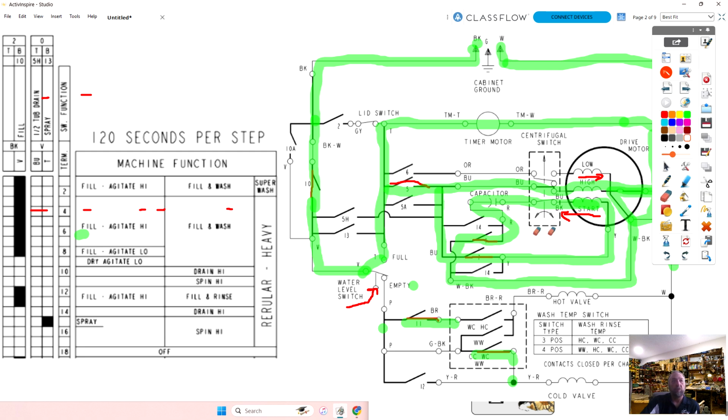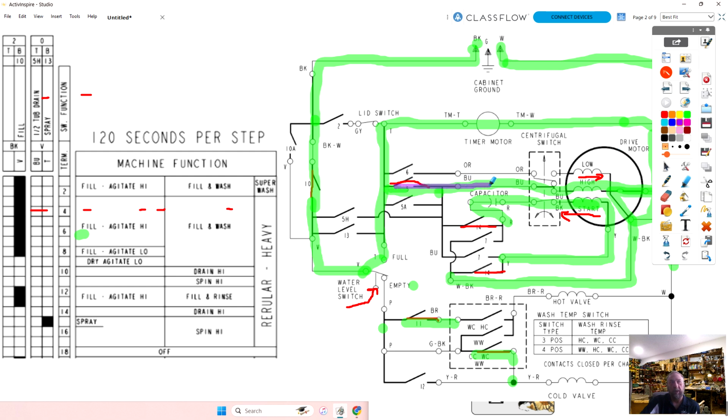And I'm going to erase the number 7s because the difference is spin, we use number 14s. So in spin cycle, we close these two. So how is power then going through the motor? Well, we're still in the high speed, and I'll use a different color just to show the difference, and I'll make it a little bit different line. So here power still goes, let me get a different color here.